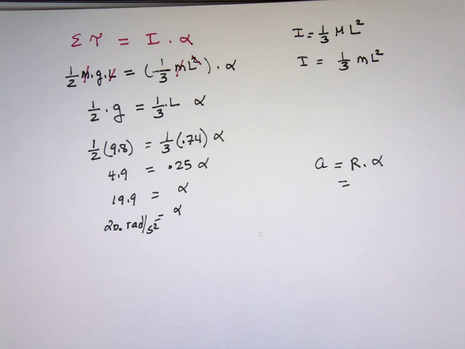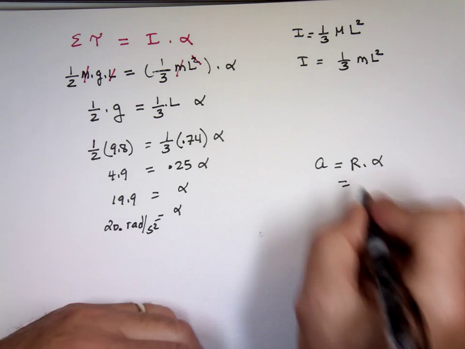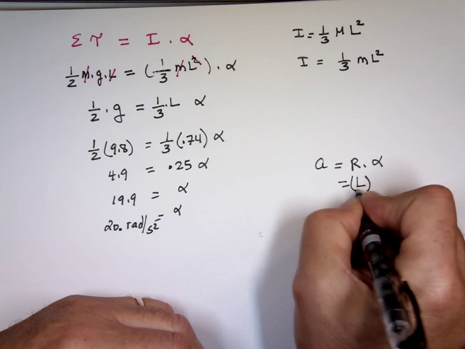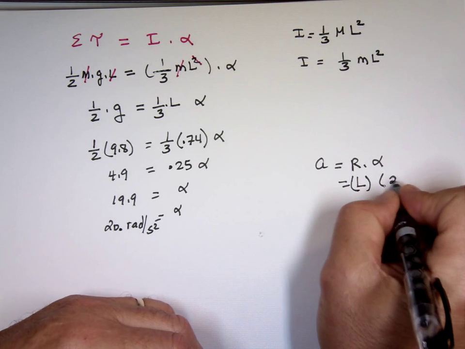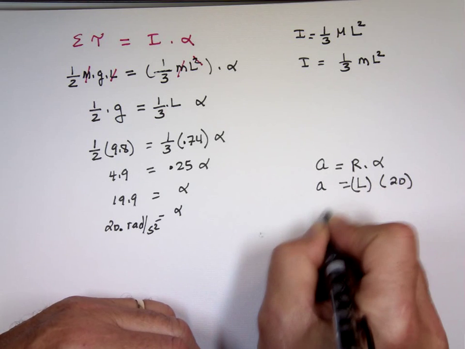That's what R is. Like if there was a ball in your hand and you're going like this and you let it go, it's going to have an acceleration. It's leaving the tip of your hand. So the ball is not going to be in the center where the mass is. It's going to be in your hand, in your fingers. That's why R for that is going to be L times alpha, which is 20, and that's the linear acceleration.